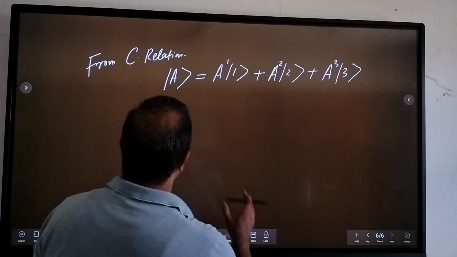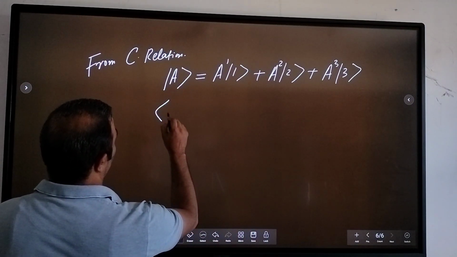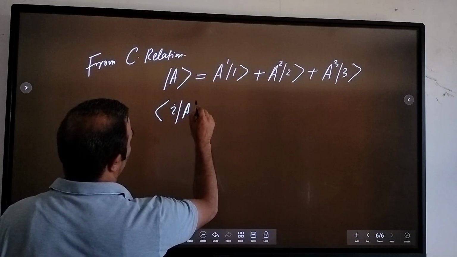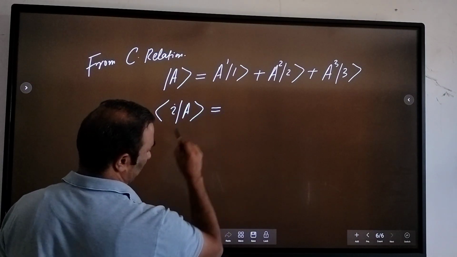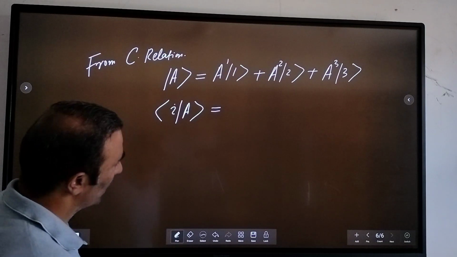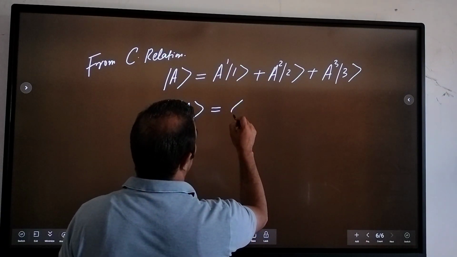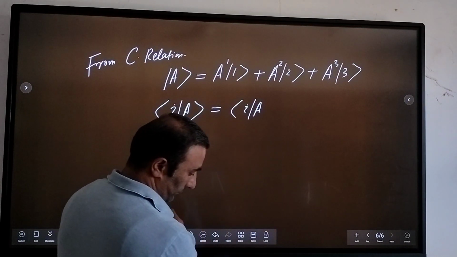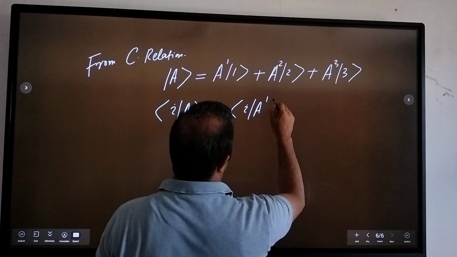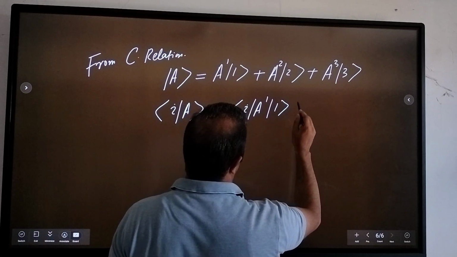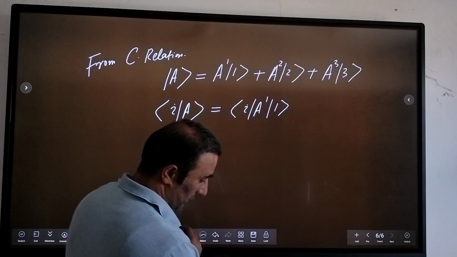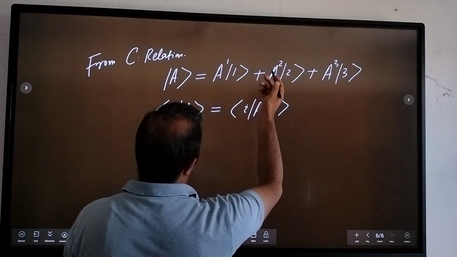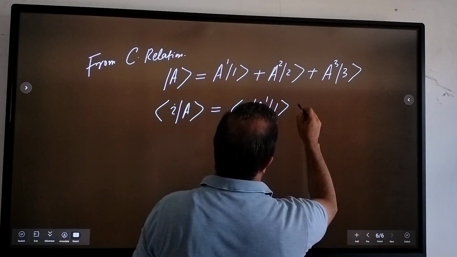Now, if instead of that, you take the inner product of this first component of that A, right? So this is equal to, or instead of that, let me write here. Okay, so that's clear because we can write this as plus.